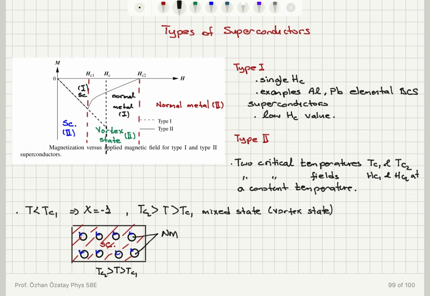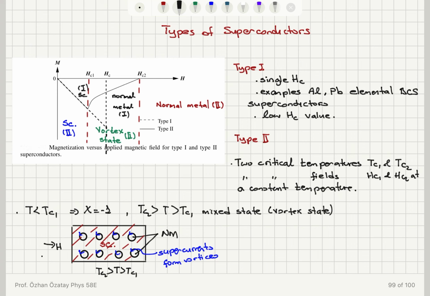Okay, so flux lines run through narrow regions of non-superconducting material surrounded by vortices of supercurrents. So these blue ones are supercurrents. Supercurrents form vortices because when a flux line passes through it, there is an induced current, and that is going to be forming a vortex around these normal metal regions when we have a magnetic field turned on.